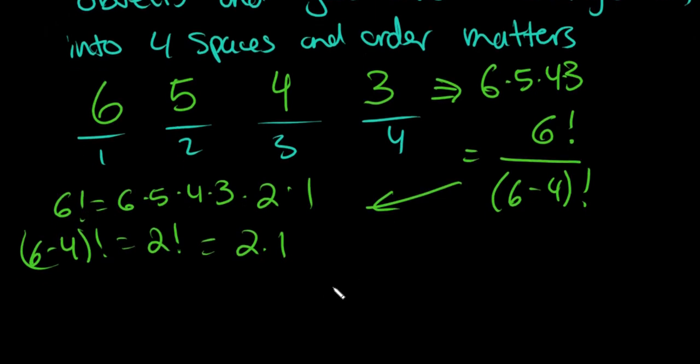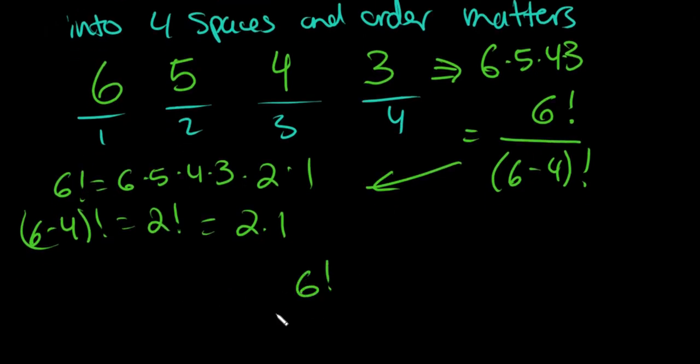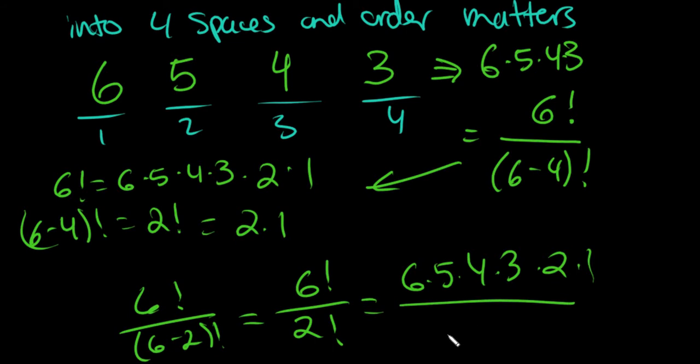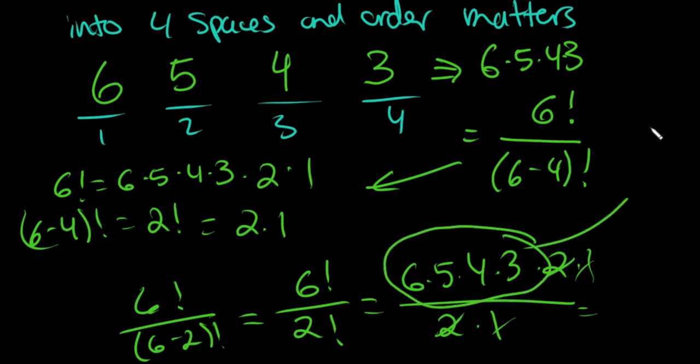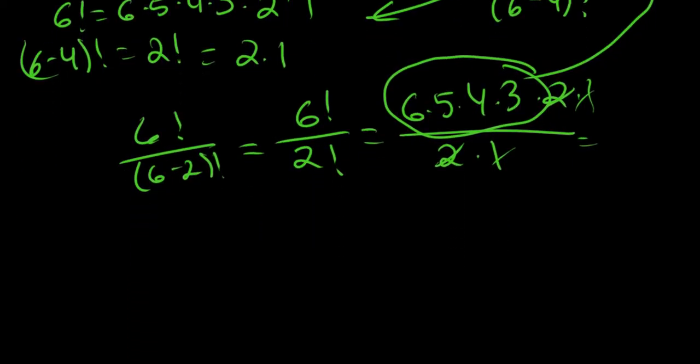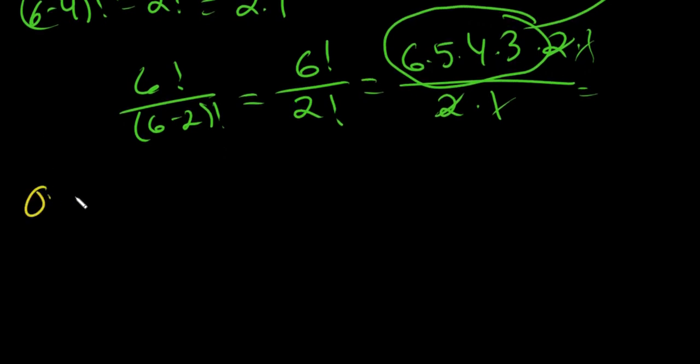If you divide these, you get 6 times 5 times 4 times 3 times 2 times 1 divided by 2 times 1. These 2 cancel, and you're left with 6 times 5 times 4 times 3, which is exactly what we expected from our answer.